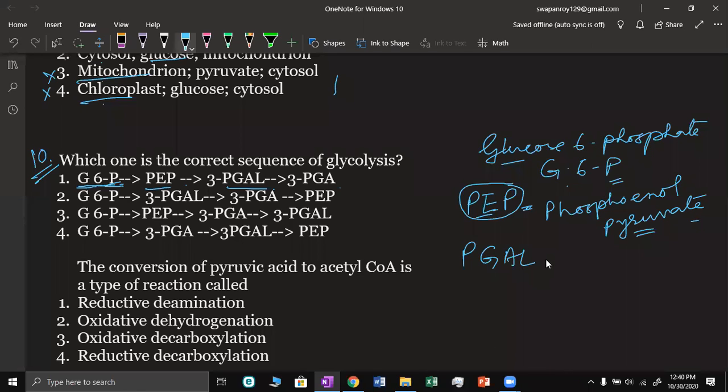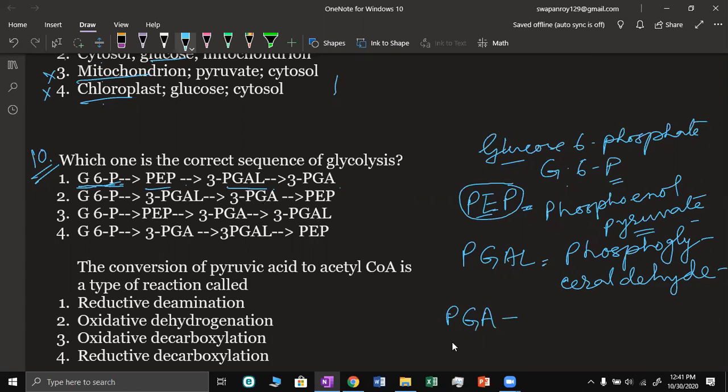Glyceraldehyde is an aldehyde. And PGA is produced in photosynthesis also, in the Calvin cycle, as the first stable compound. Here in glycolysis it is also there.